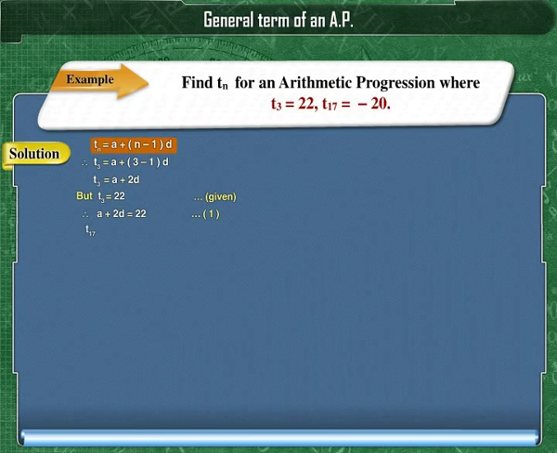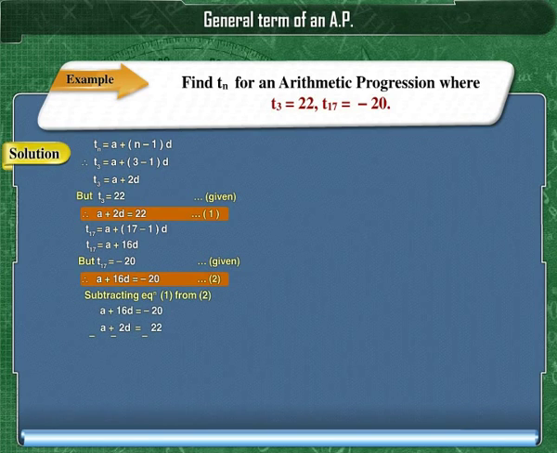Now, T17 is a plus (17 minus 1) into d, which is equal to a plus 16d. It is given that T17 is minus 20. Therefore, a plus 16d is minus 20. Let us denote it as equation 2. By solving these two equations, we can find the values of a and d.